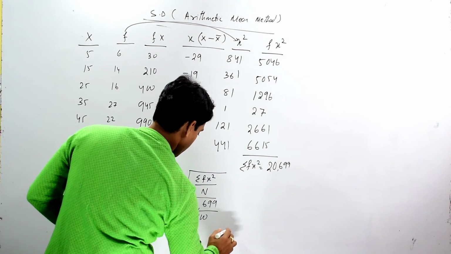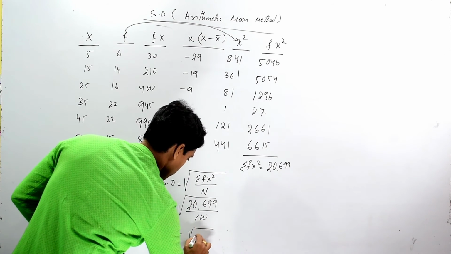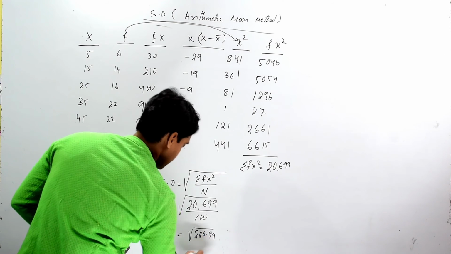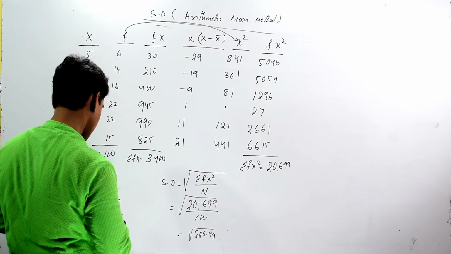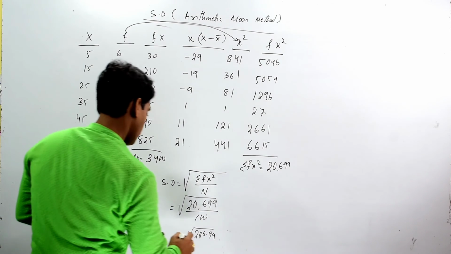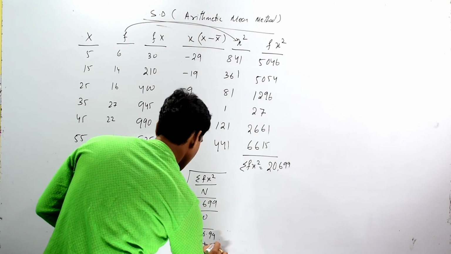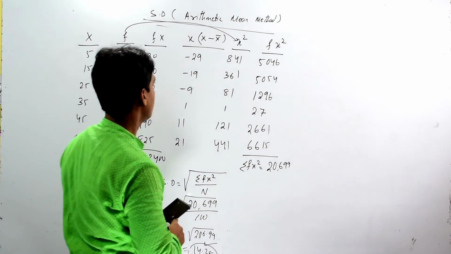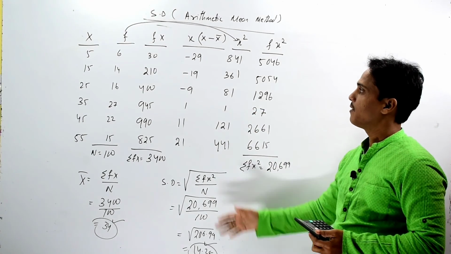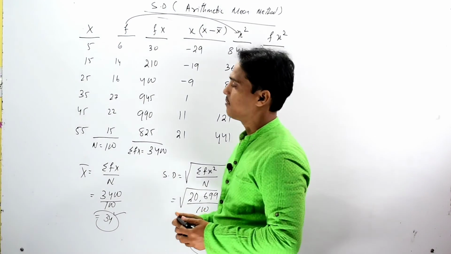So the value of our standard deviation is the whole root of 206.99, that is 14.38. So this is all about our computation of standard deviation of a discrete series under the arithmetic mean method.